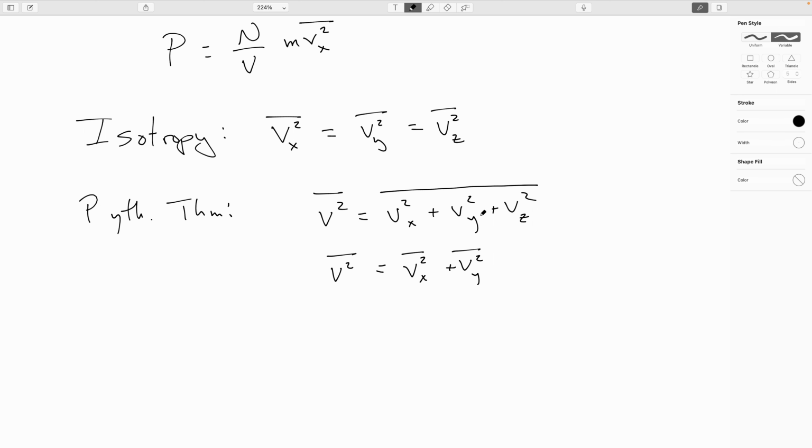This wouldn't be true if, say, one of these could be negative. But since they're all squared, they're all forced to be positive. And so in this case, the average value of this sum of squares is equal to the sum of the average values of each of the squares individually. Now we're getting somewhere. By isotropy, all three of these are the same.